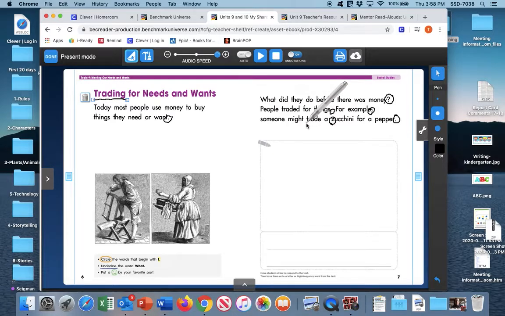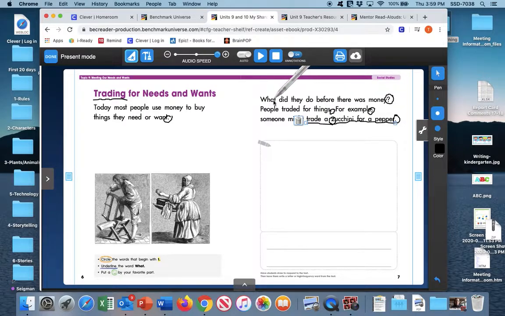So that is an example of trading. So we're going to underline the word trade, a zucchini, and all the way across for a pepper. That gives us an example of what it means to trade. And that's really the only example here today that gives an example for trading.